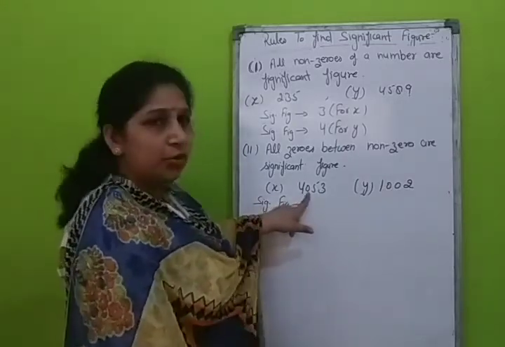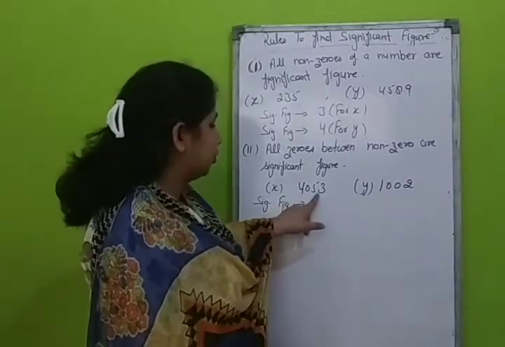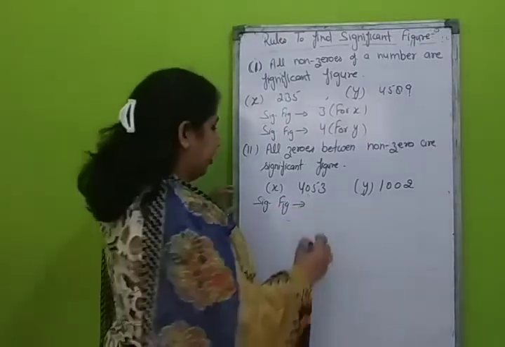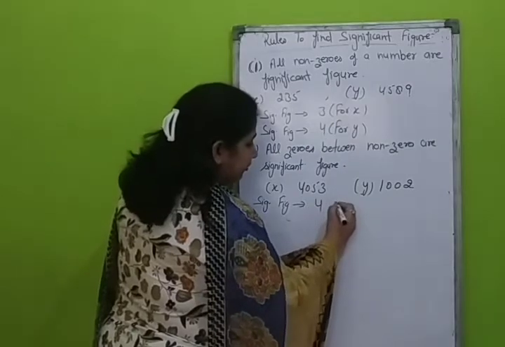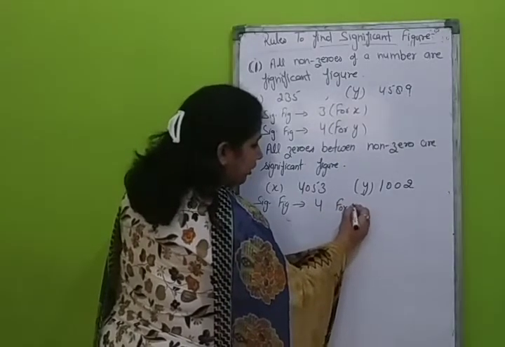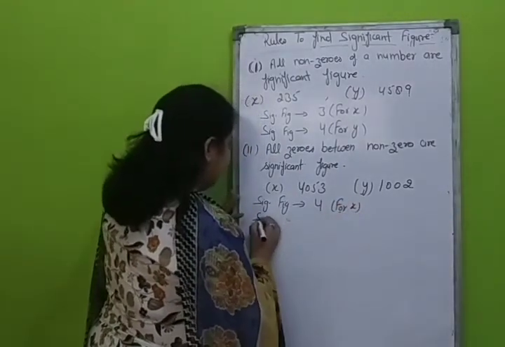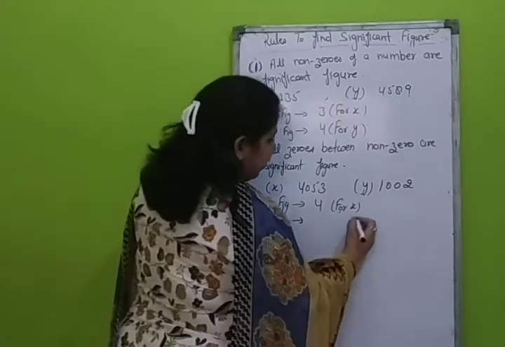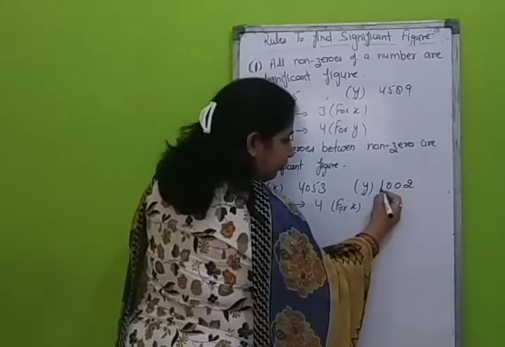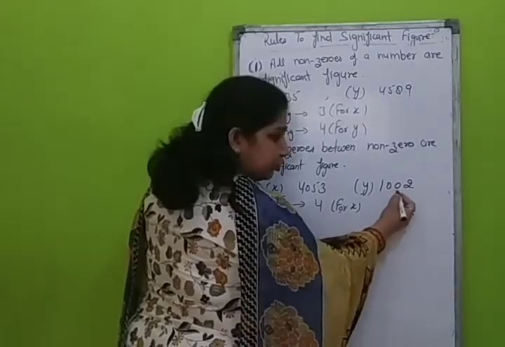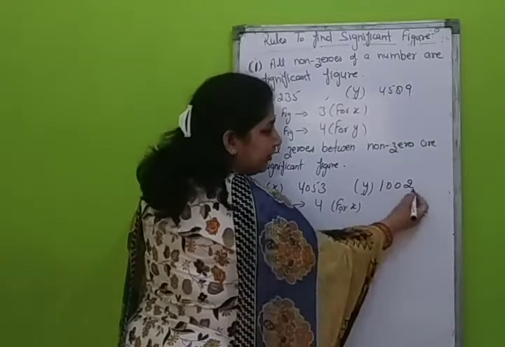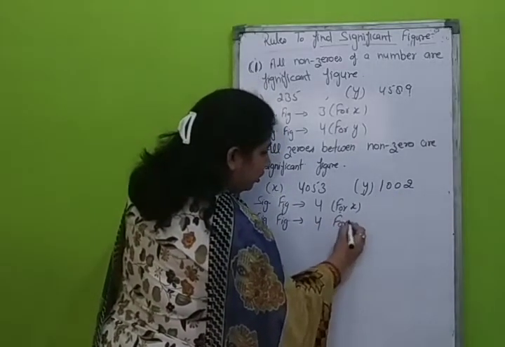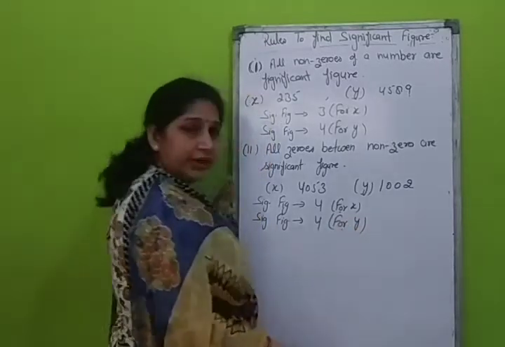Here we have a 0 between the non-zero digits 4 and 5, which means we consider this 0 as a significant figure. Therefore there are 4 significant figures for the number x, and for the number y, we have 2 non-zeros and 2 zeros, but these 2 zeros are between 2 non-zeros, so we write 4 for y. Got it?